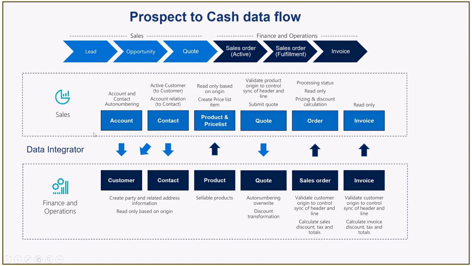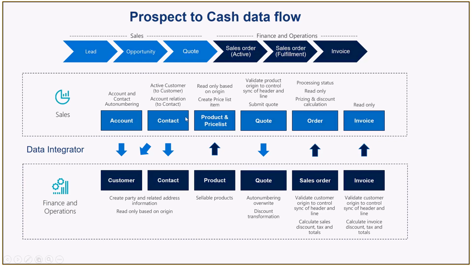And what kind of templates do we have for that? We have a template that synchronizes accounts from the sales system to customers in finance and operations. So this is one template. Then we have another template that synchronizes contacts, which are what we call active customers.